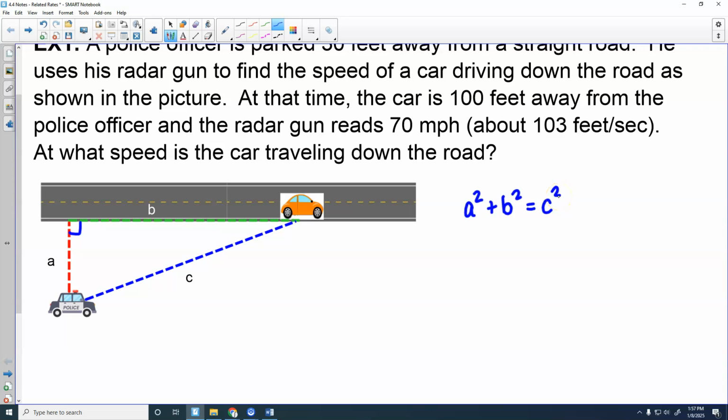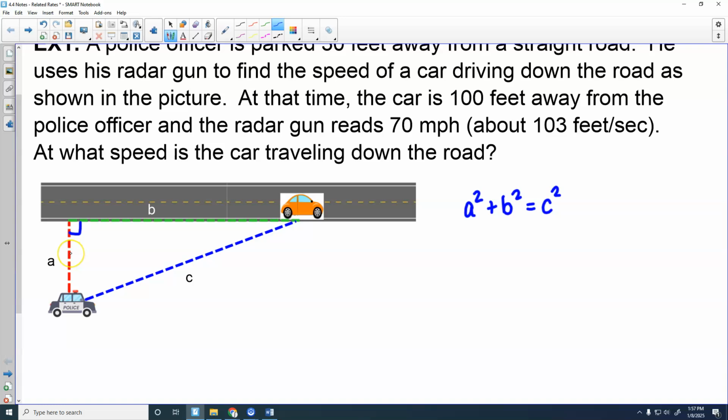Now, when we do a problem like this, we have to think about what is changing. Calculus is the math of dynamic things, things that are changing. So we need to know if things are changing or not changing. If we look at the values of A, B, and C, is there one of those that is not changing?